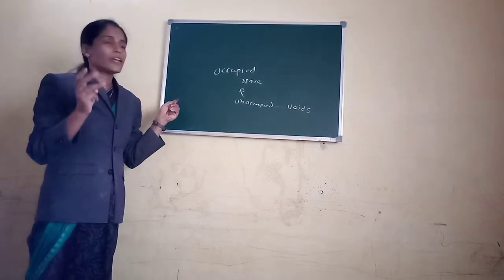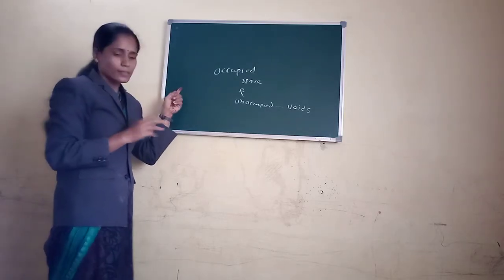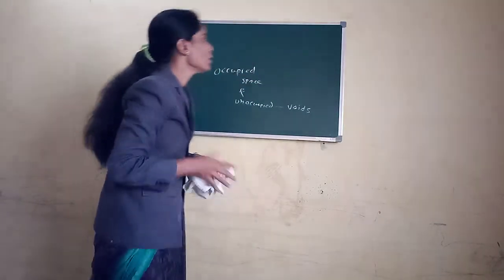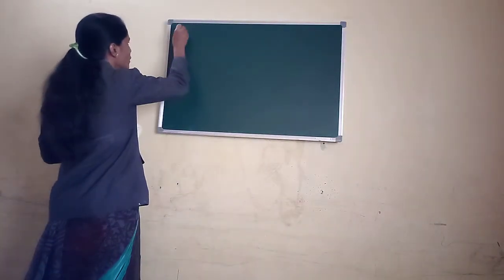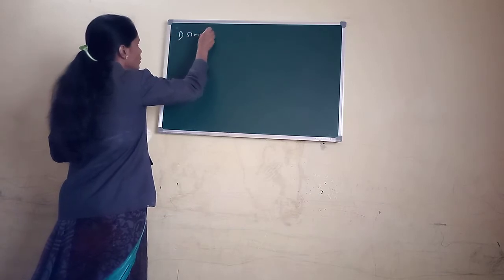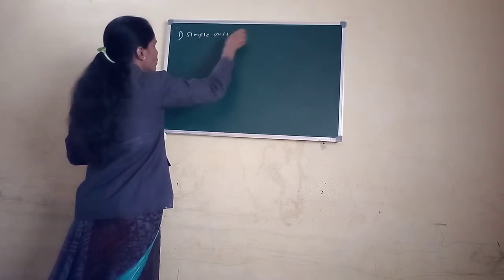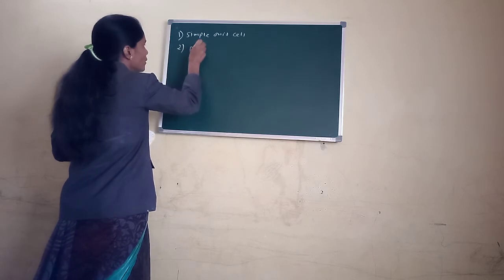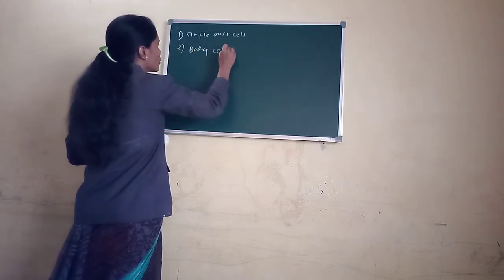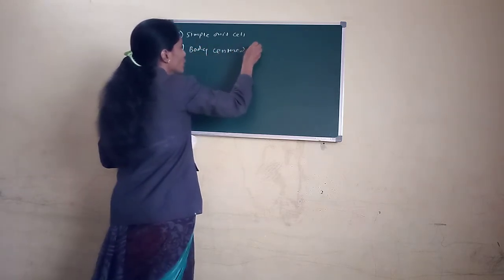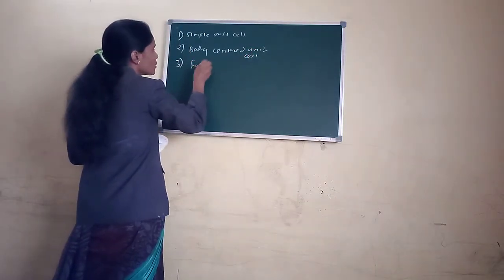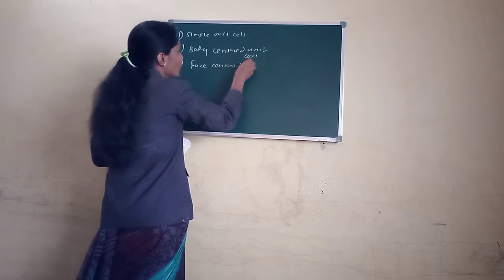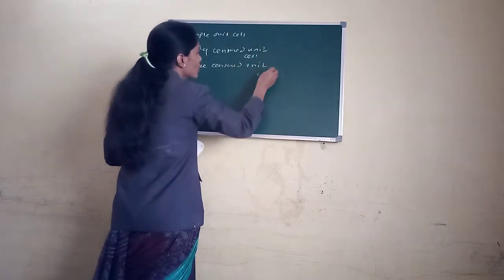There are three types of unit cells here. First is the simple unit cell, second is the body centered unit cell, and third is the face centered unit cell.